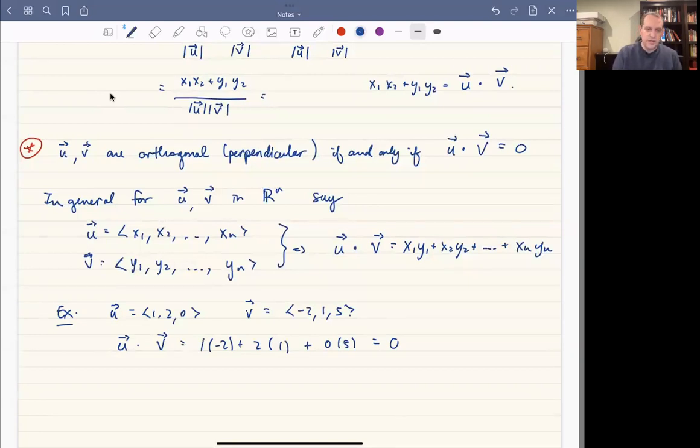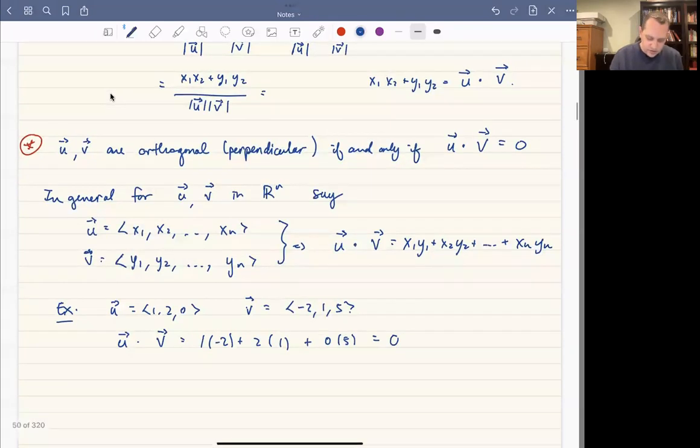So the angle between them on the plane containing both of those vectors will be 90 degrees. Okay, so they really are orthogonal. So that's kind of the idea there.